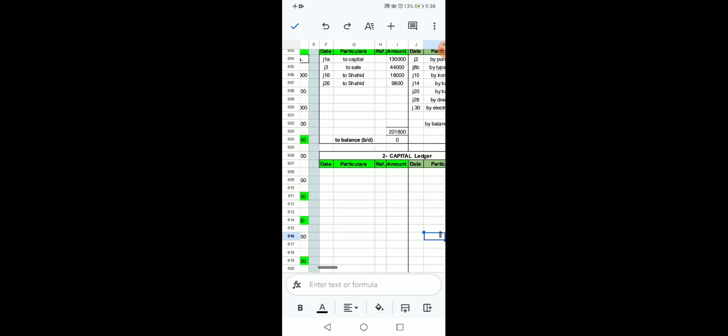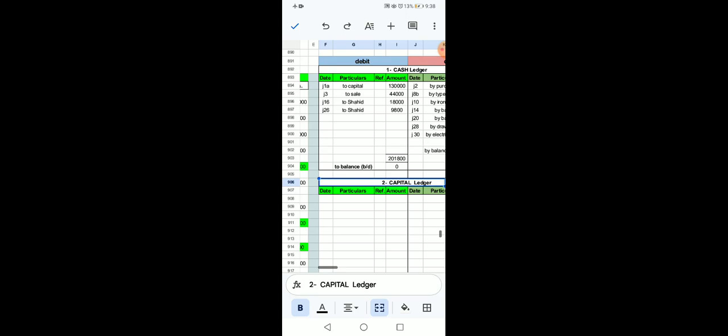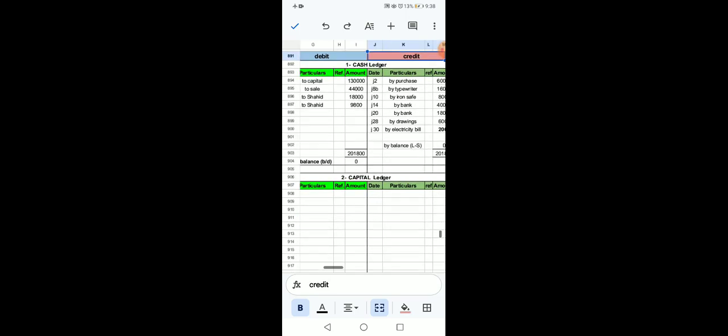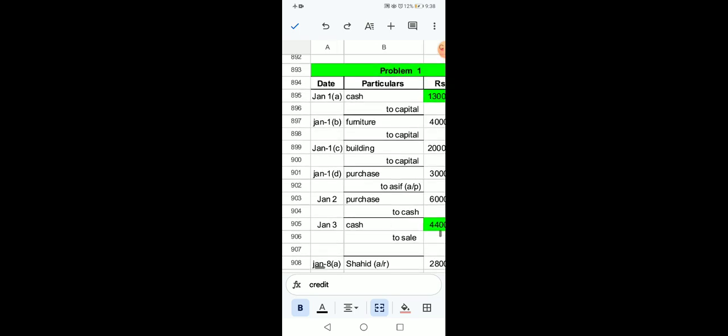We will be focusing upon capital. If capital is present on debit side of the journal, we will choose debit side of the ledger. If capital is present on credit side of the journal, we will choose credit side of the ledger. Debit do debit, credit do credit. So here we have the first entry, January 1, capital is present on credit side, 1,30,000. So you will choose the credit side and write 1,30,000 on credit side.